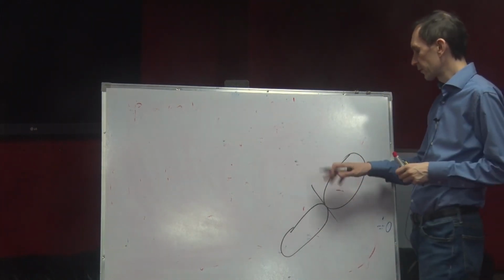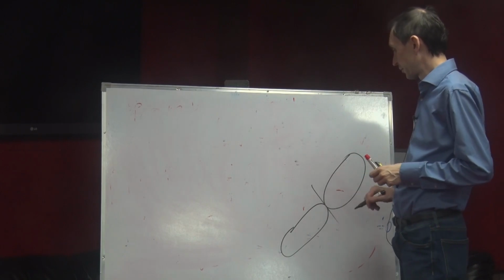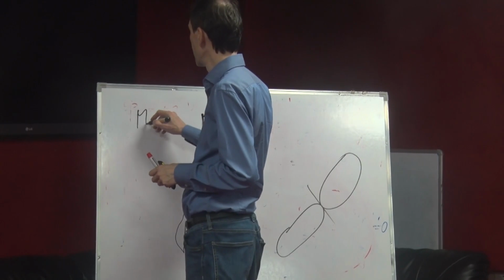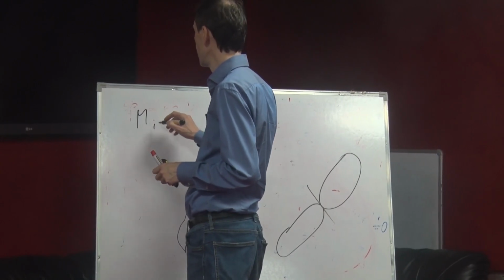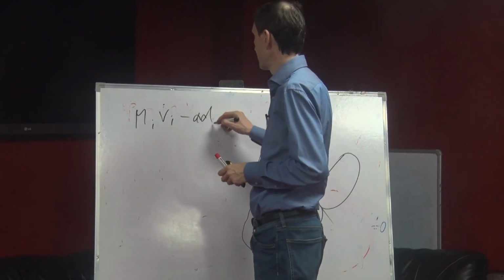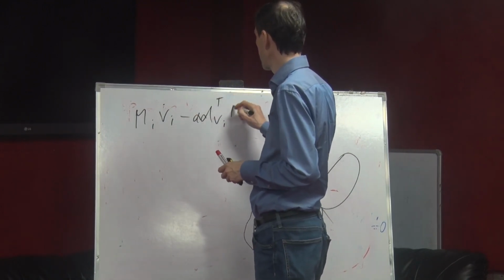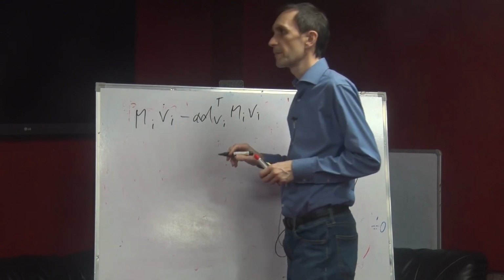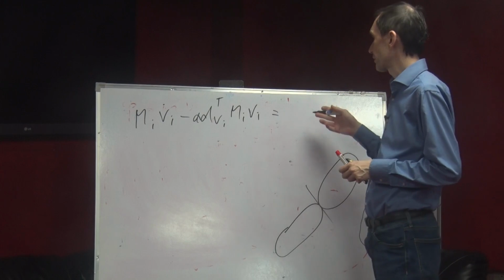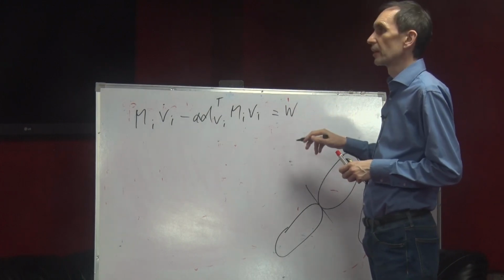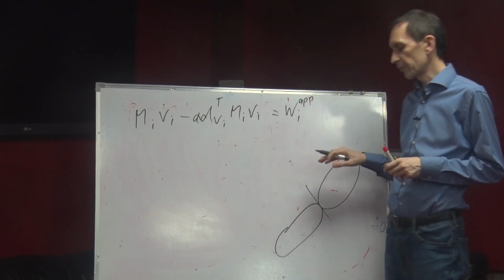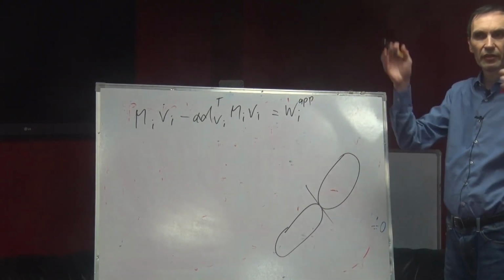Make it simple. Let's say this is a double joint or whatever. So body one, body two. Each of them, I mean the dynamic equation of them, let's say Mi vi dot minus ad vi transposed Mi vi is equal to some applied wrenches, let's call them W app. Some wrenches that act on it from outside, gravity or whatever.